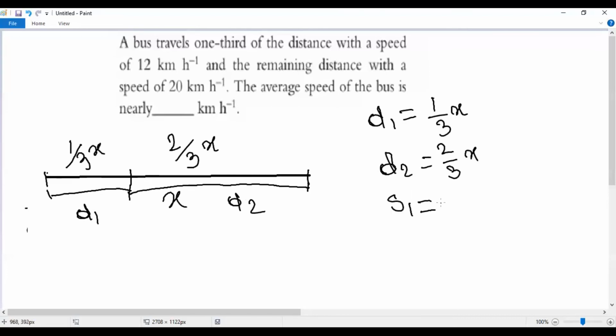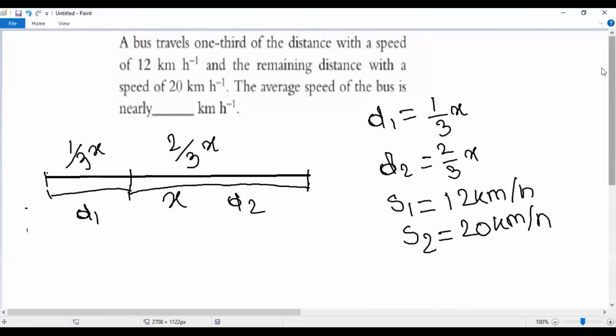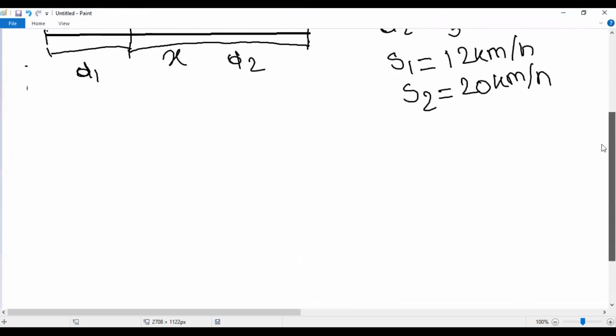So the speed for the first 1/3 x is, let's say, s1, which is 12 kilometer per hour, and s2, which is 20 kilometer per hour. Now, as we know that distance is equal to time into speed, so time will be distance by speed.